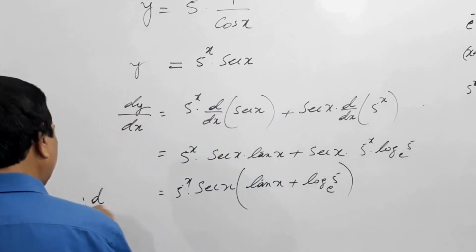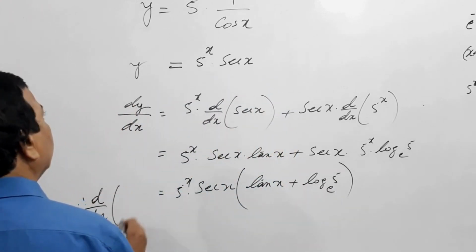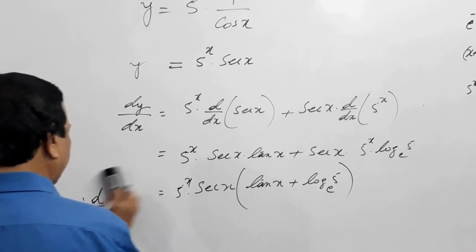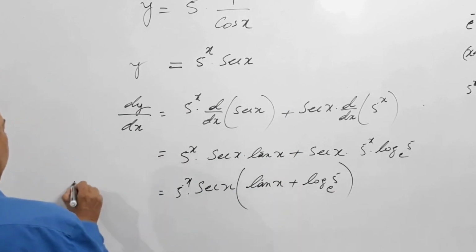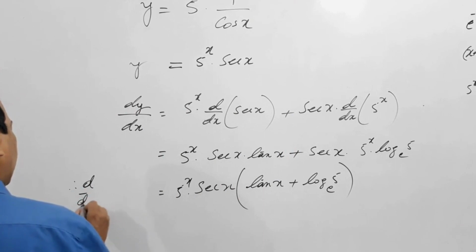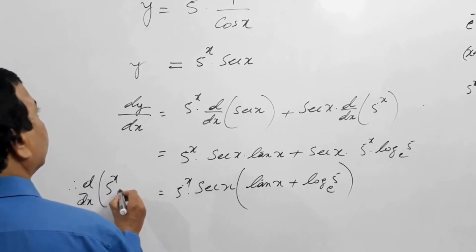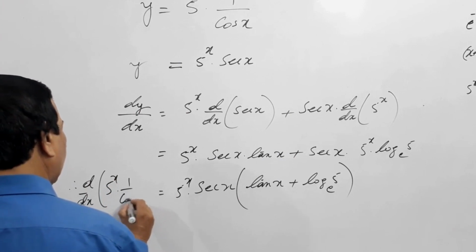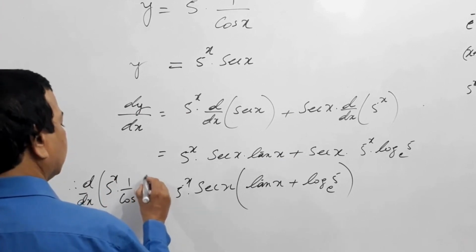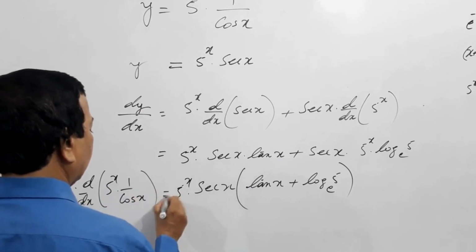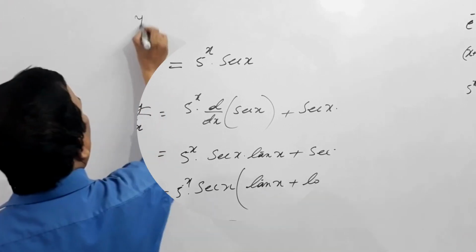Therefore, d by dx of 5 to the power of x by cos x equals this. This is the answer.